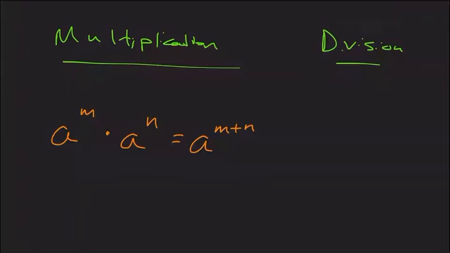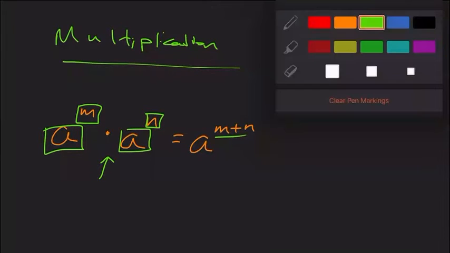Let's first start with this multiplication property, multiplication rule. This says that if you have the same base, again, base is the big number, or it can be a letter, a variable. If you have the same base and you're multiplying, you can add the exponents. They're both a's, we're multiplying, so we add the exponents, it becomes a to the m plus n. Sometimes you'll see it written like this with everything as a letter, just to show you the general format.